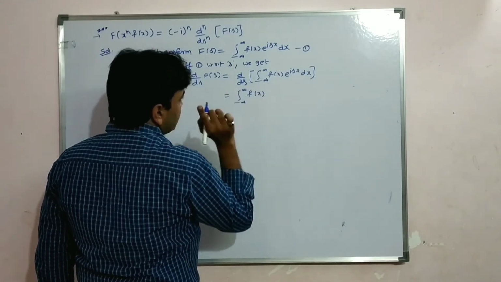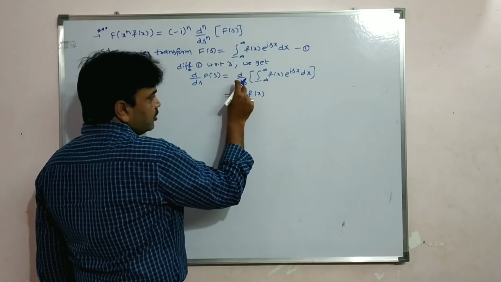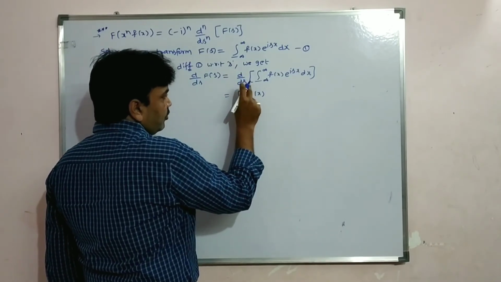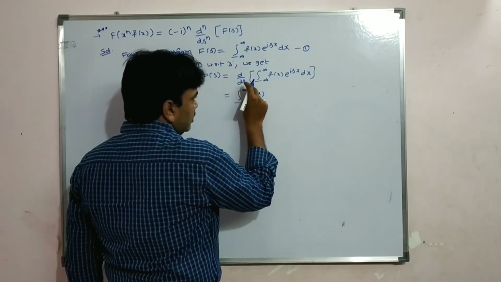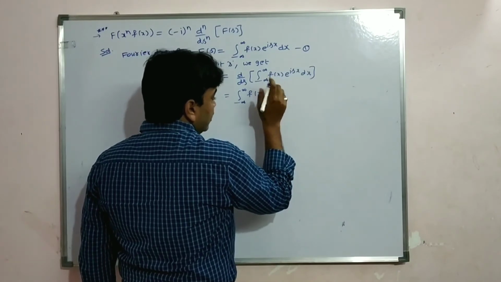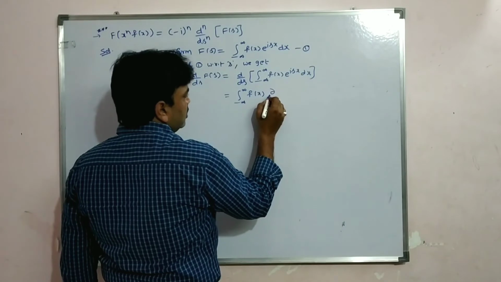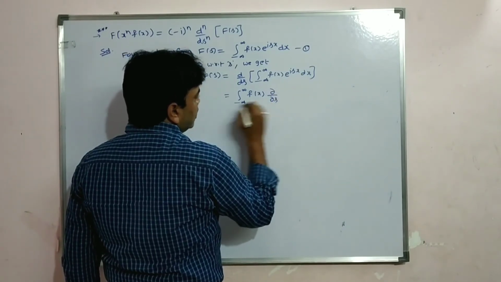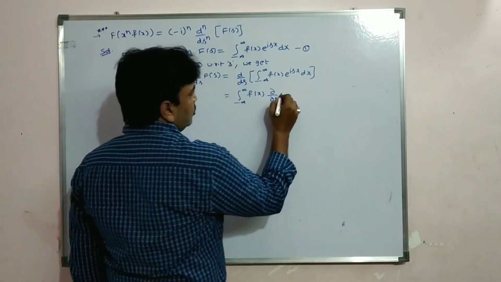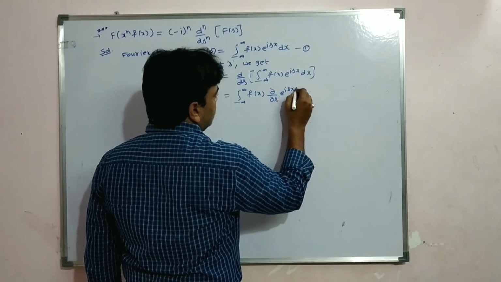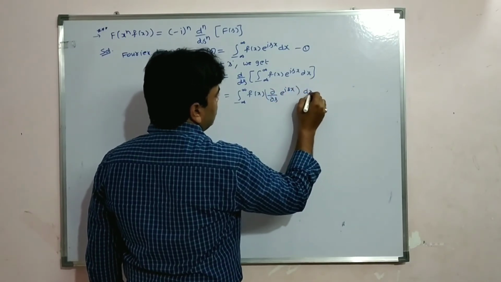Please remember, students, we are differentiating with respect to s. Whenever we take this d by ds inside of the integration, it will become the partial derivative, because of one result. So we write dou by dou s of e power isx into dx.